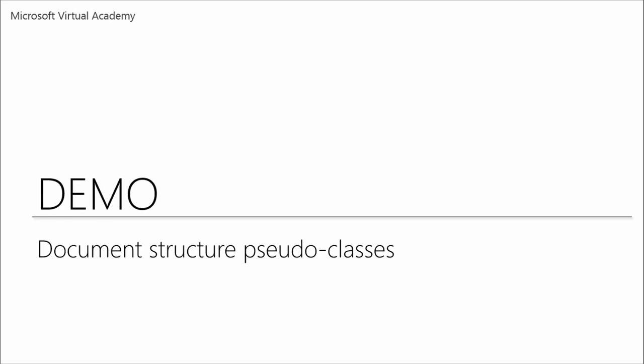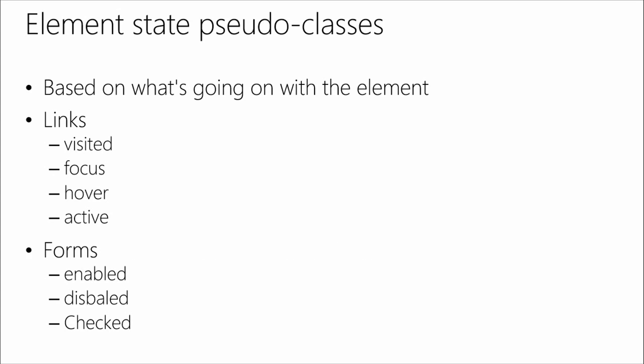There we go. Now, rather than based on document structure, how about element state, based on what's going on? Maybe we want something to look different if you've clicked on it. Then maybe we want to bold it, like a checkbox. Or maybe if you hover over something, we want to put the underline back onto it.